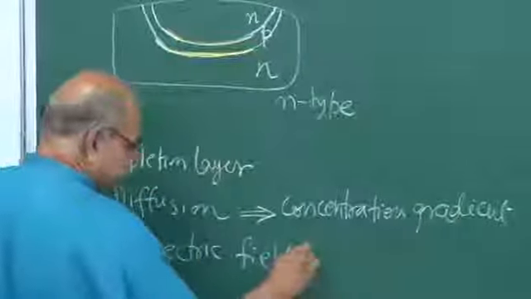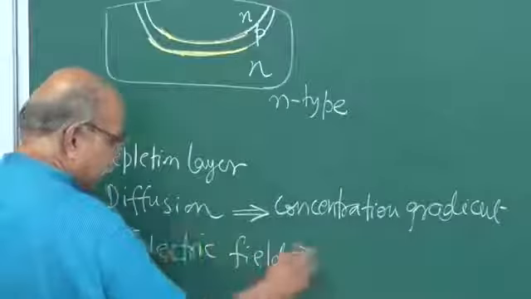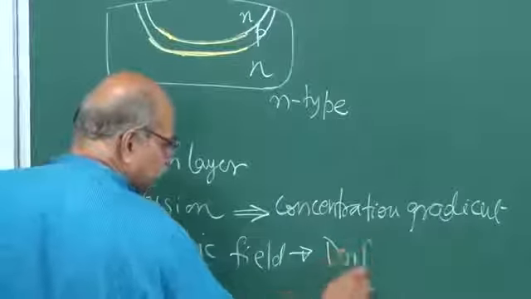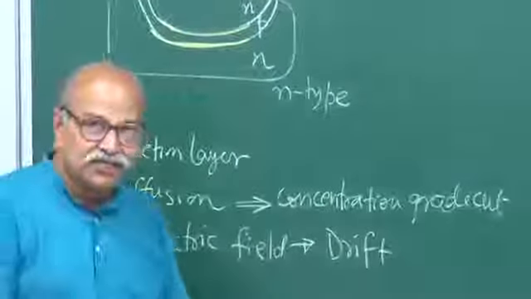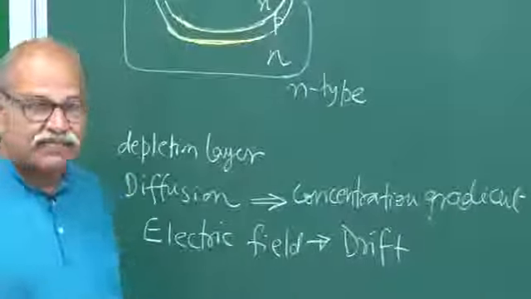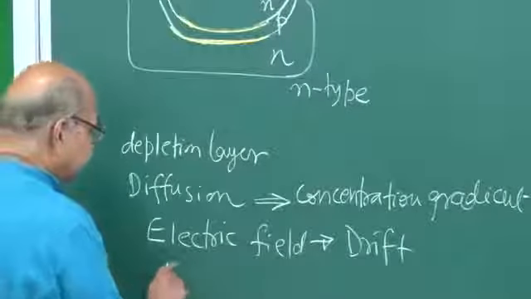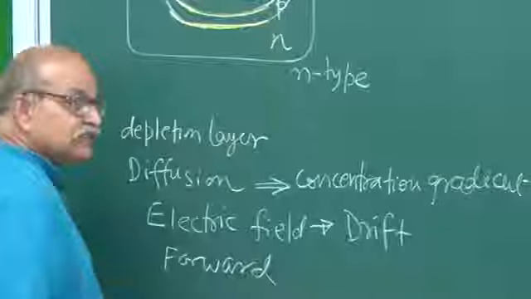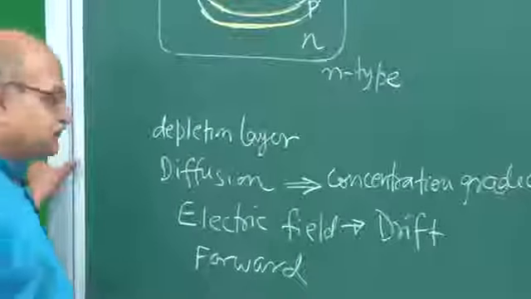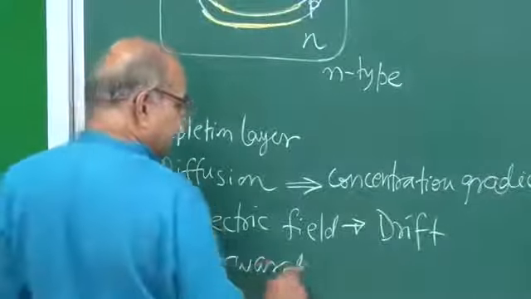And the electric field will give rise to drift current. All that, minority carrier, majority carrier, injection, forward bias, reverse bias, everything is the same, and that's why I had said that if you understand the p-n junction, you understand almost everything of semiconductor electronics.